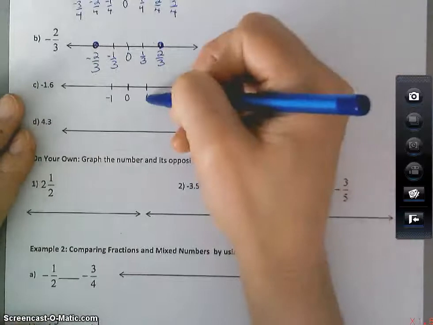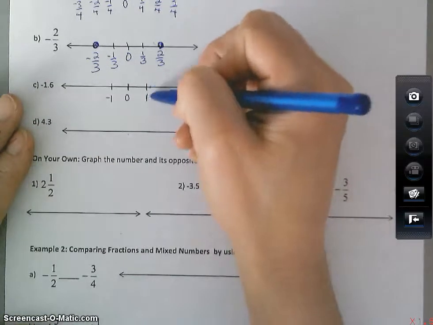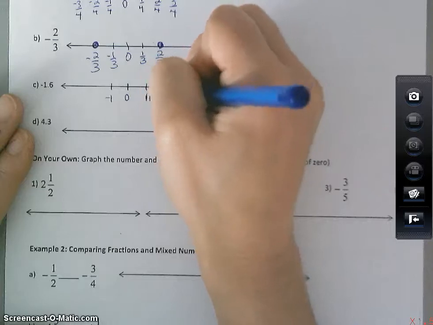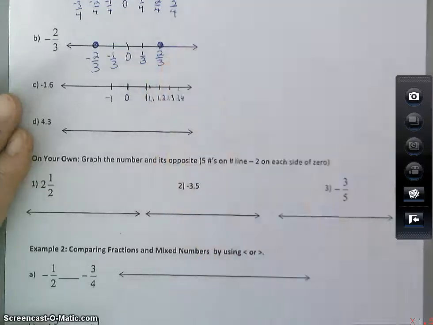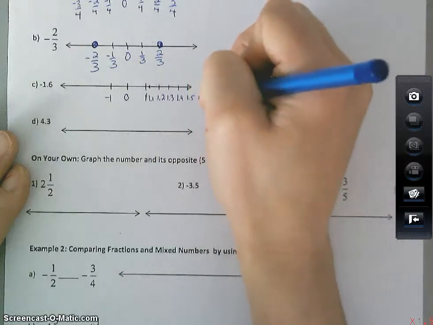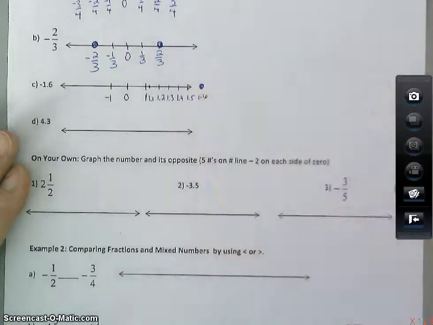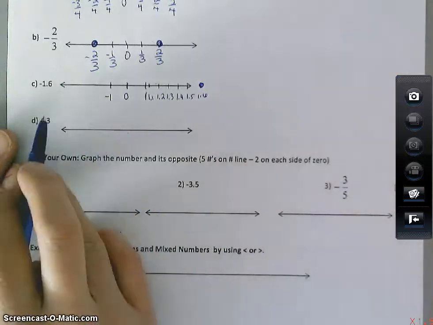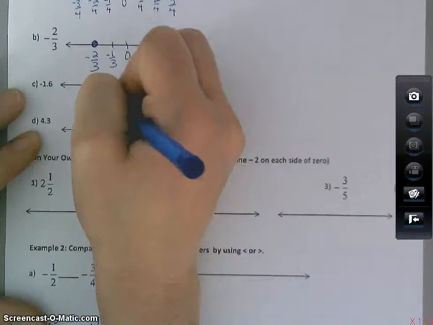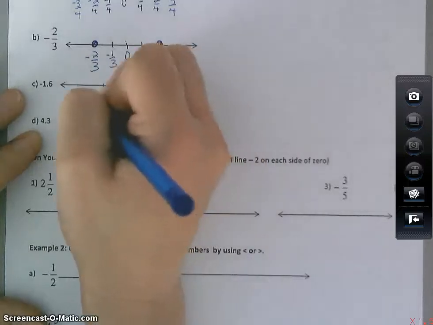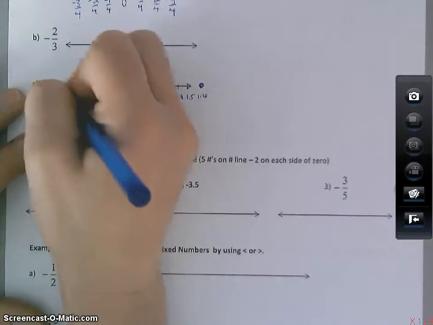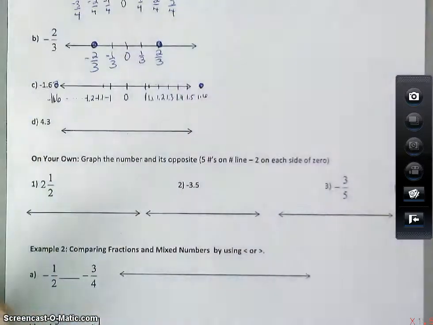So now I'm going to have 1.1, and then 1.2, 1.3, 1.4, all the way up to 1.6. That would be on that side of the line. And then I have to go the other way for my -1.6. So -1.1, -1.2, all the way up to -1.6. And then I graph my point right there.